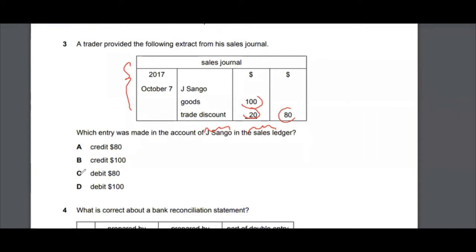So basically the answer to multiple choice 3 is actually option C, debit $80, right? Because the cash is not received, so you have to receive this money, so there would be a debit to J. Sango $80, and then credit sales revenue for $80, right? So the answer to multiple choice 3 is actually option C.